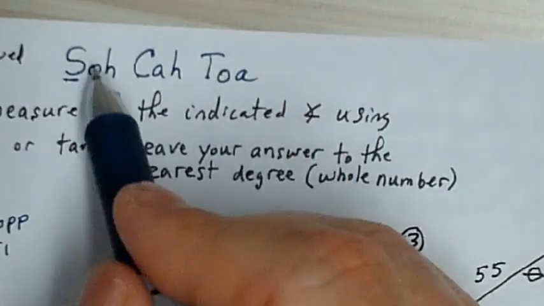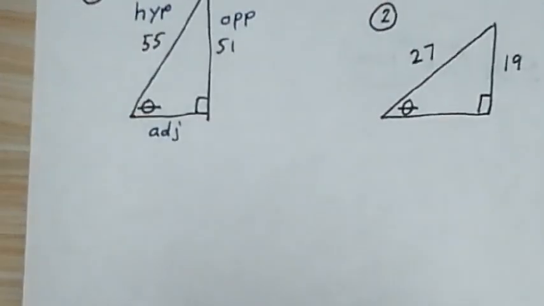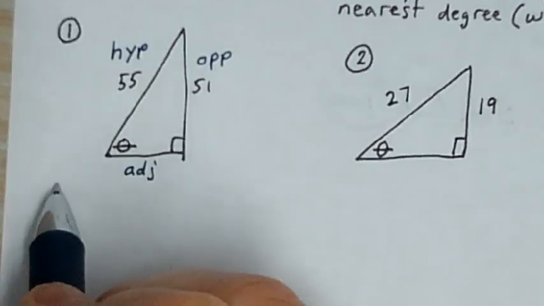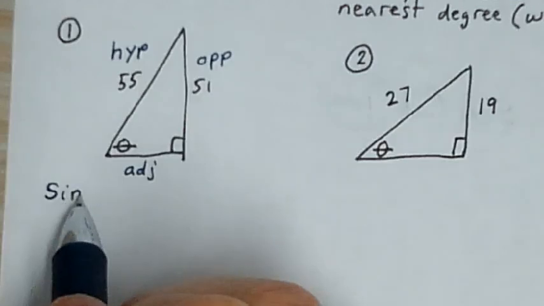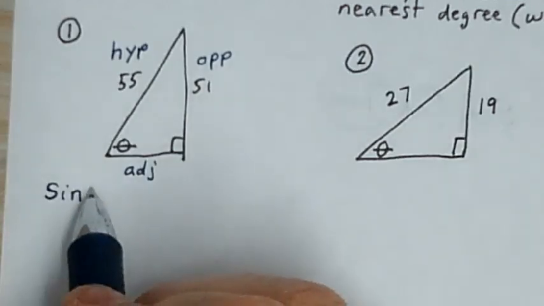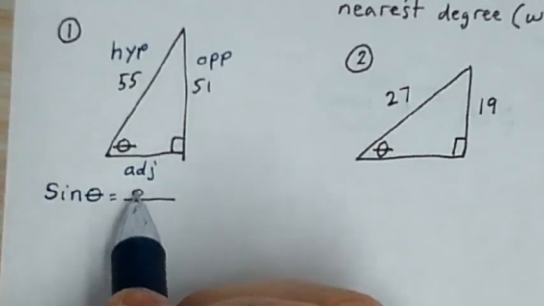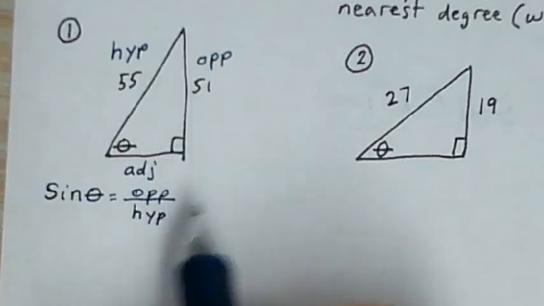So me being an old-fashioned teacher, I say show every step you possibly can. Write down the identity. Identity is the equation. So we say the sine of our reference angle theta equals the opposite over the what? Thank you for that, hypotenuse.